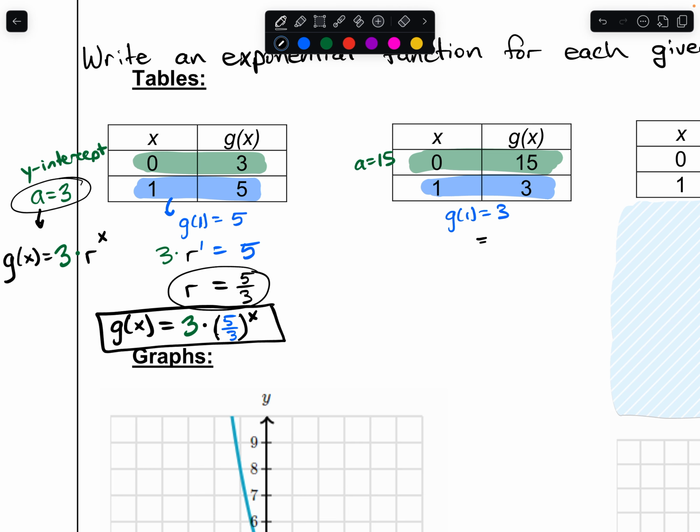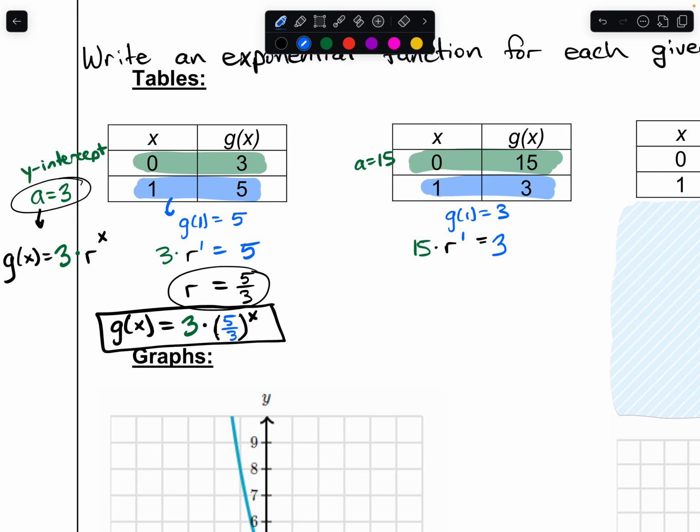So g of 1 is going to be our a value times r to the x, but we know our a value is 15. 15 times r to the, since x is 1, I'm going to plug in a 1 where I would normally write x. And that's going to equal the output, 3.